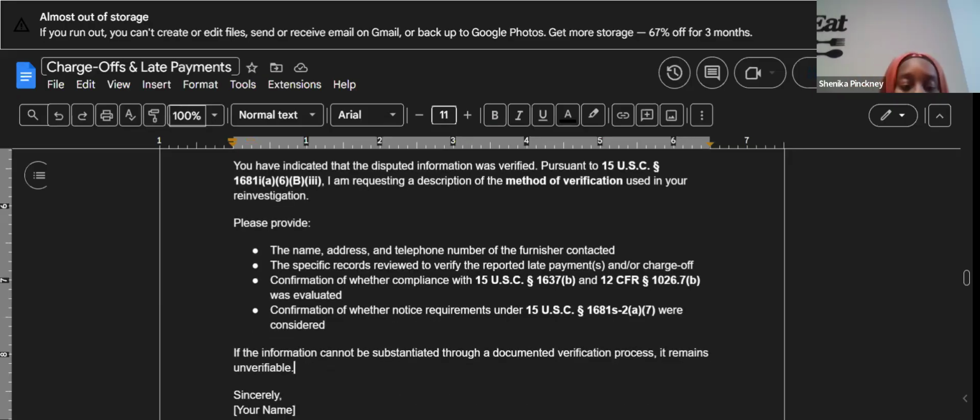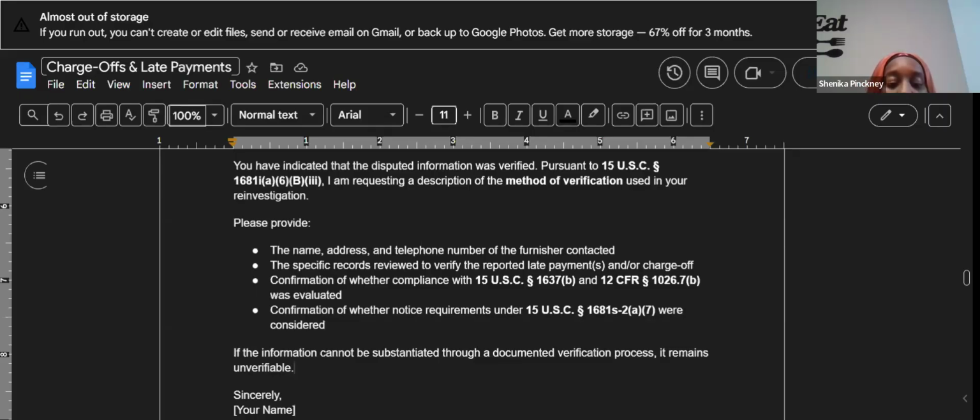Please provide the name, address, and telephone number of the furnisher contacted, the specific records reviewed to verify the reported late payments and/or charge off, confirmation of whether compliance with 15 USC 1637(b) and 12 CFR 1026.7(b) was evaluated, and confirmation of whether notice requirements under 15 USC 1681s-2(a)(7) were considered.